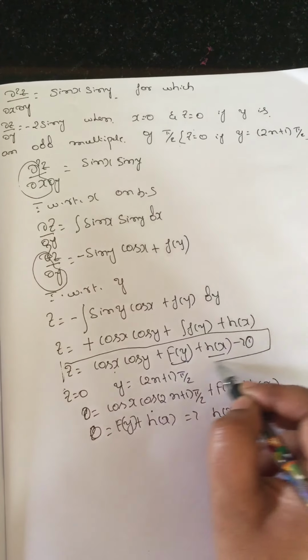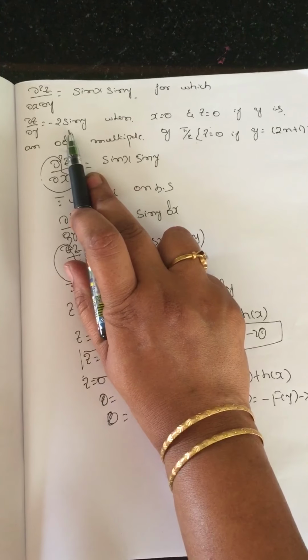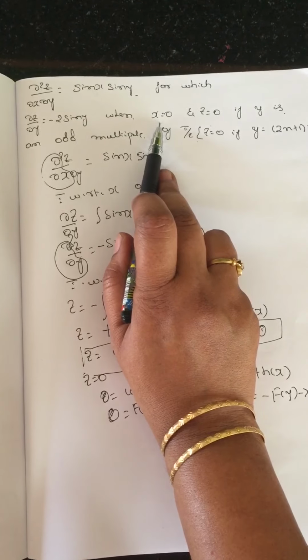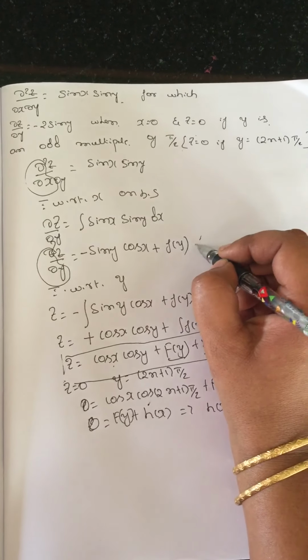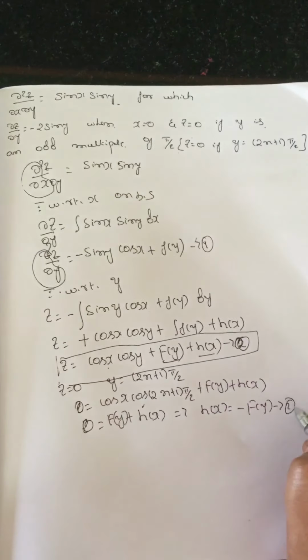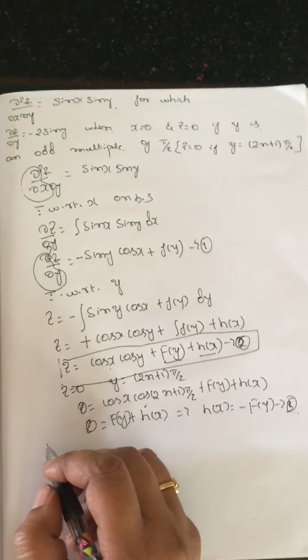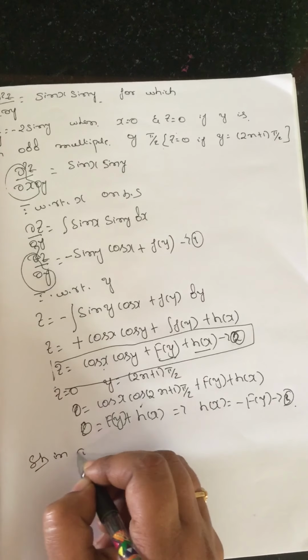Call it as equation number 2. Now take the other condition: del z by del y is equal to minus 2 sin y when x is equal to 0. Substituting this in the earlier equation, that is the equation for del z by del y, call it as equation number 3.